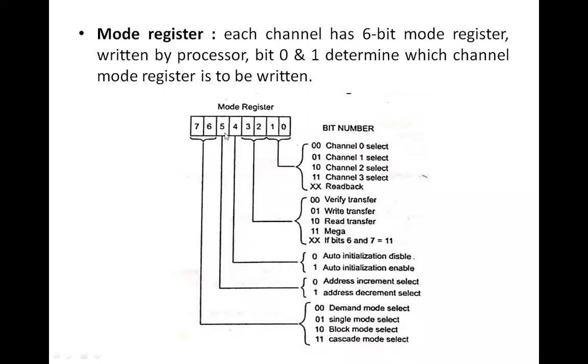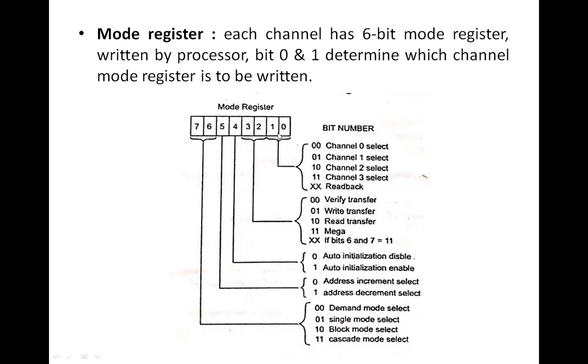Next is bit number 5. It decides whether the address will be incremented or decremented. Bit number 6 and bit number 7 decide whether it is demand mode selection, single mode selection, block mode selection, or cascade mode selection.